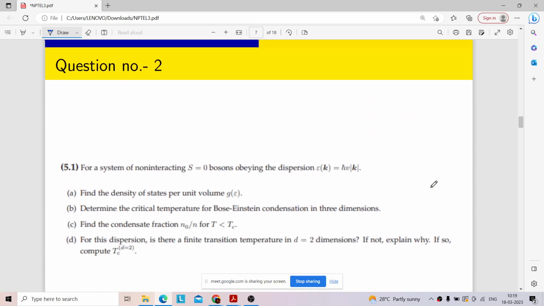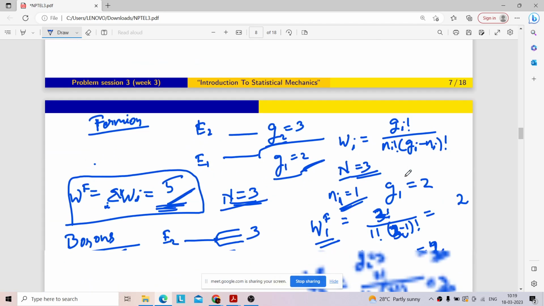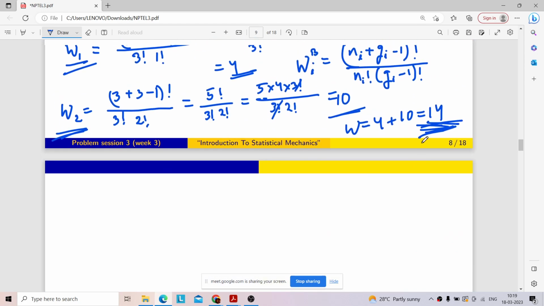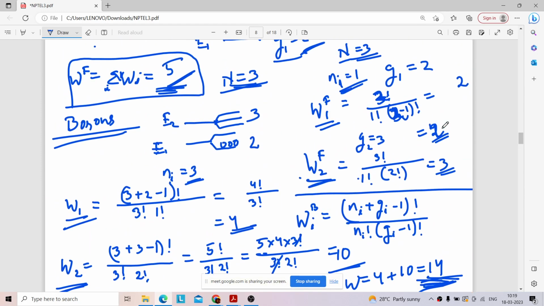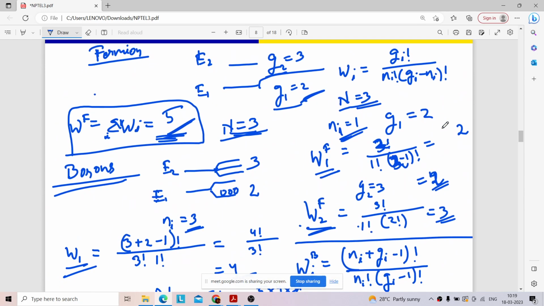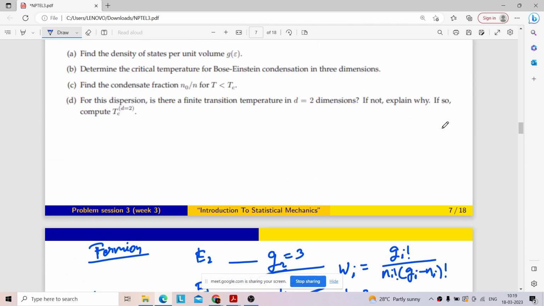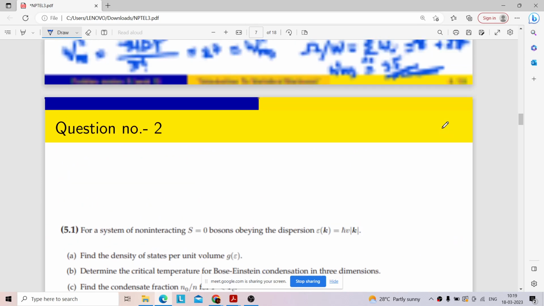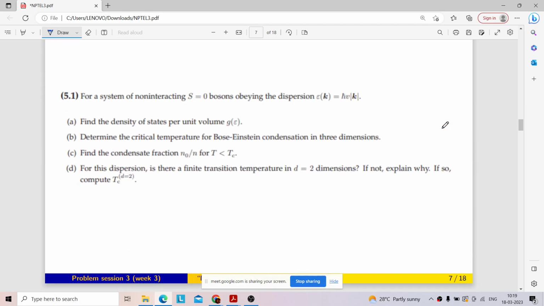For classical gas, we are getting more, 35 microstates. And for bosons, we are getting 14 now. So if you get any question of this kind, you can apply these formulas and calculate directly from these formulas.